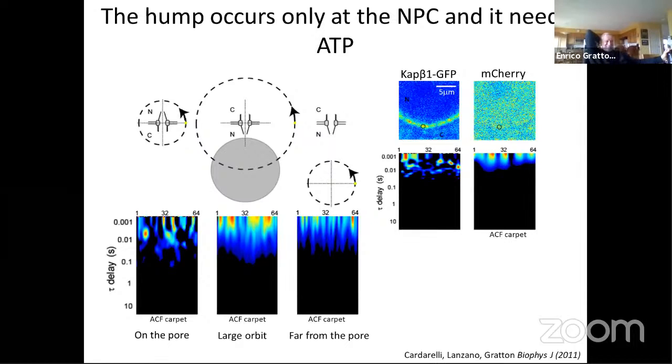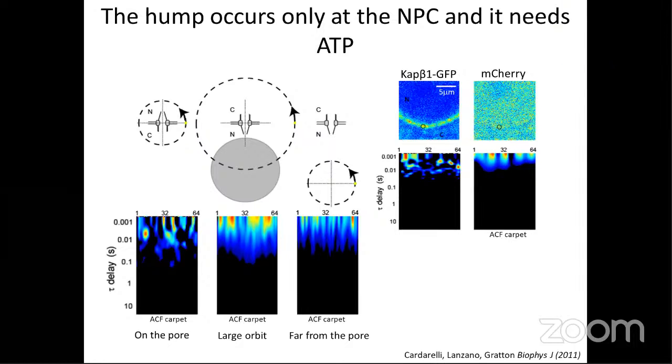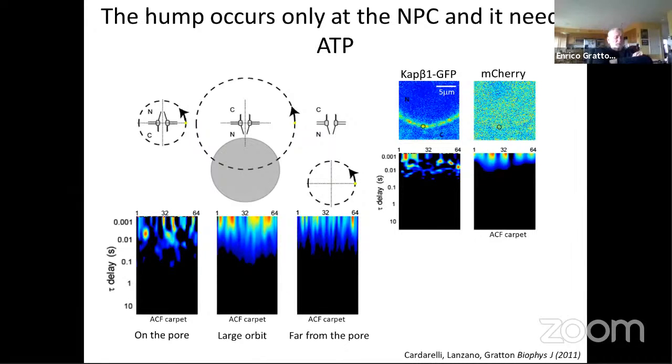Okay, so there is a question here in the chat that says, studying the diffusion in the nuclear envelope, can a hump appear if we have a line scan instead of a circular scan? So if you scan only with a line instead of... Yeah, it could be done exactly the same thing, but I showed that the nuclear complex will move.